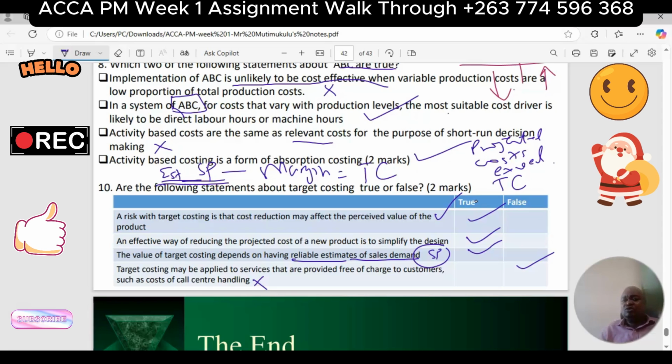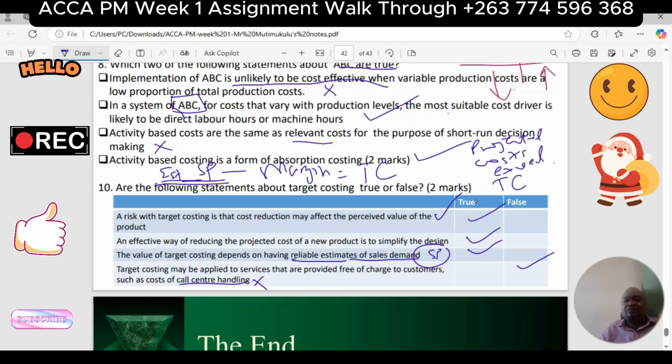Two, it is not actually true that a call handling center is operated for free. It doesn't work like that. So that one was the only false option.